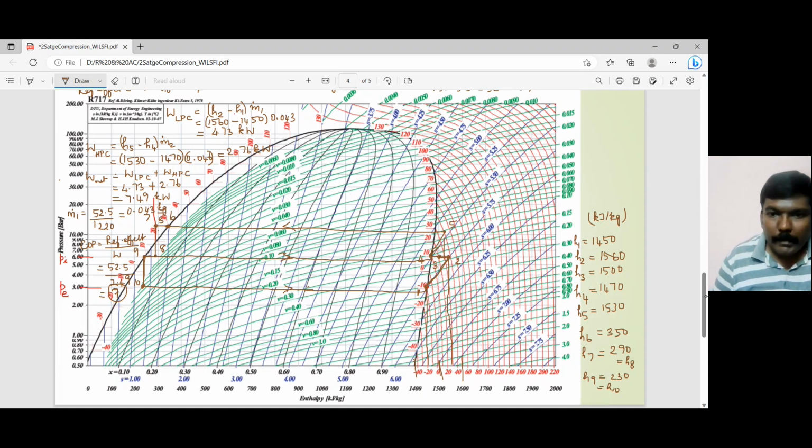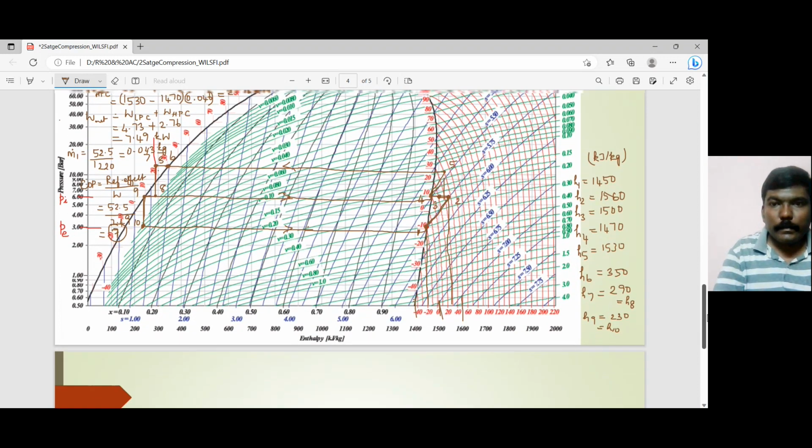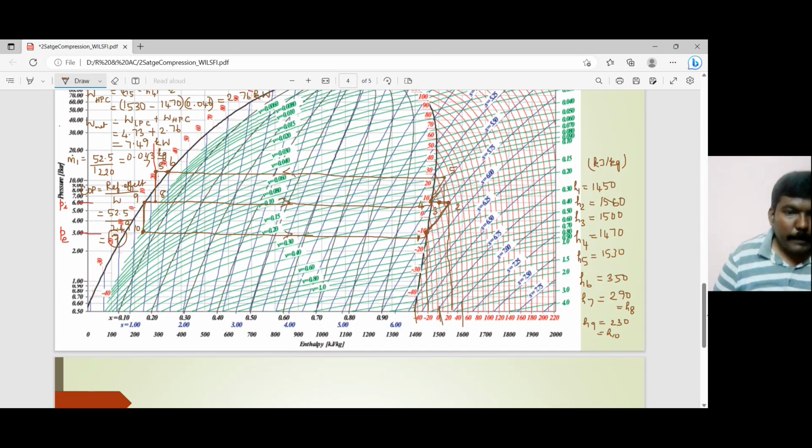The green line that passes through 1 is 0.40. So let me write it over here. V1 is 0.40 meter cube per kilogram.